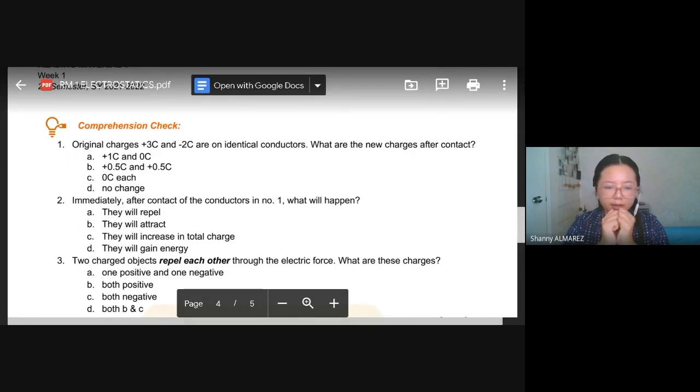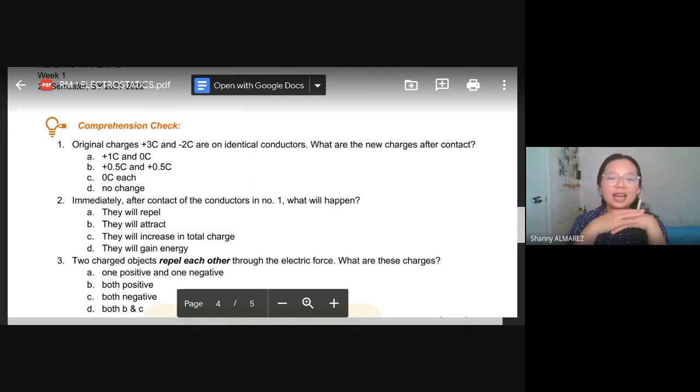Now, can I get a confirmation kung nakuha niyo ba yung explanation? Were you able to get it? Hindi niyo nakuha? Sige, please answer. Pakiulit na lang.